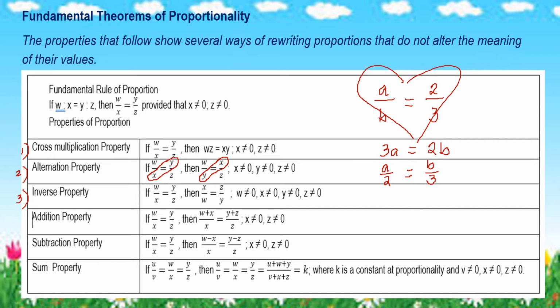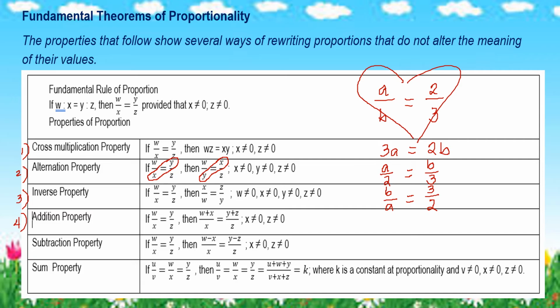So in our given example, a is to b is equal to 2 is to 3. If we rewrite it using inverse property, it becomes b is to a is equal to 3 is to 2. Next, we have the addition property.